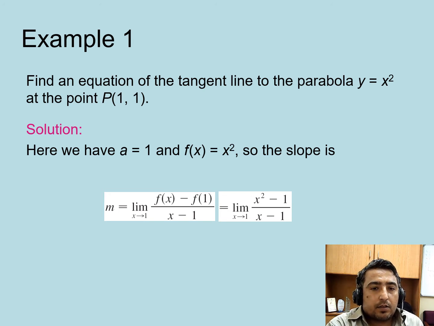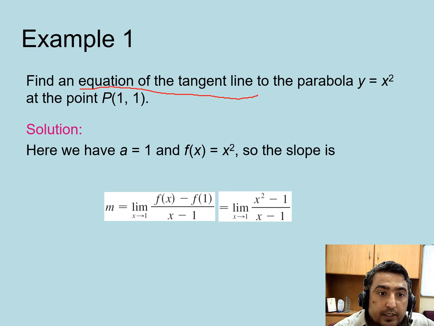Now let's try the same notion with the help of an example. Now look, listen carefully. One point: derivative is basically the slope of the tangent at a particular point, right? So in this question, notice that we are asked to find the equation of the tangent line.